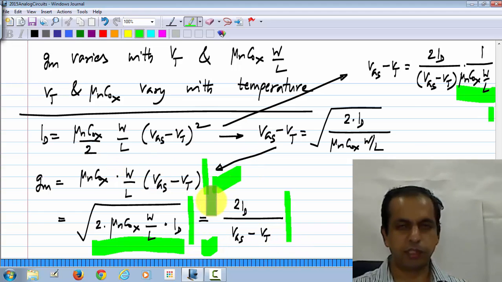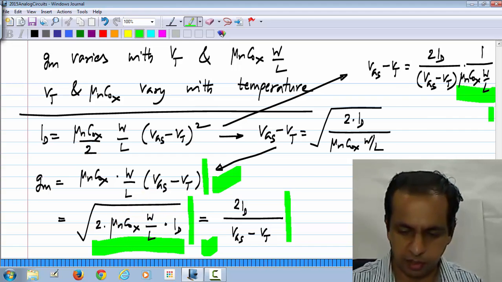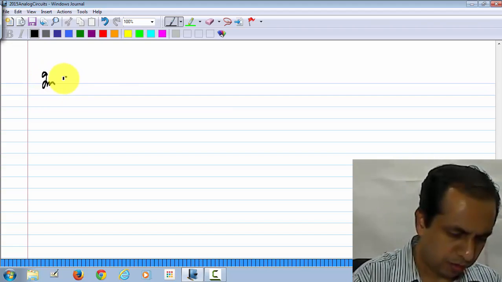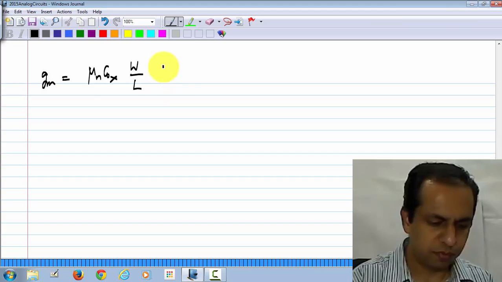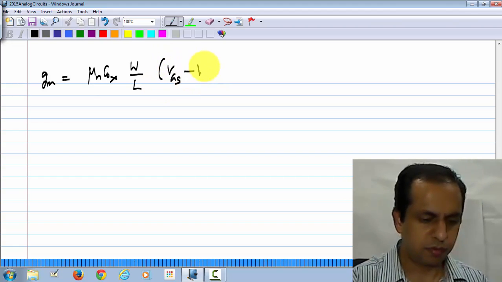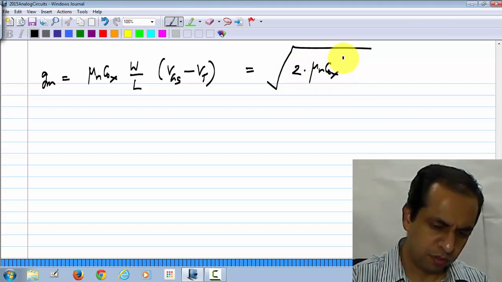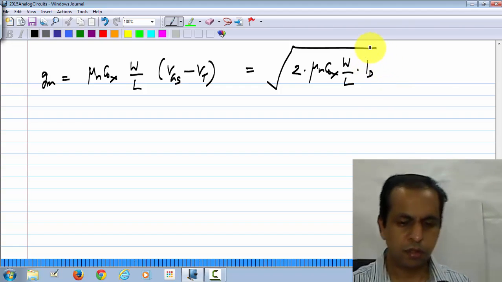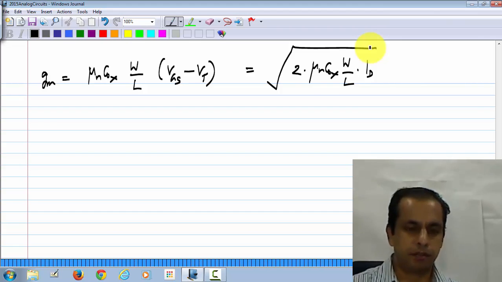Earlier we were using this, but there is one special thing about the second expression. What is that?